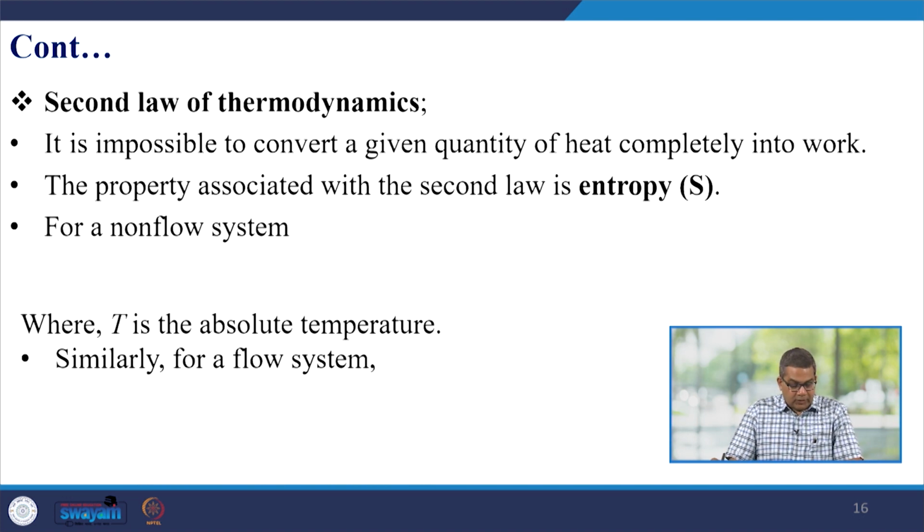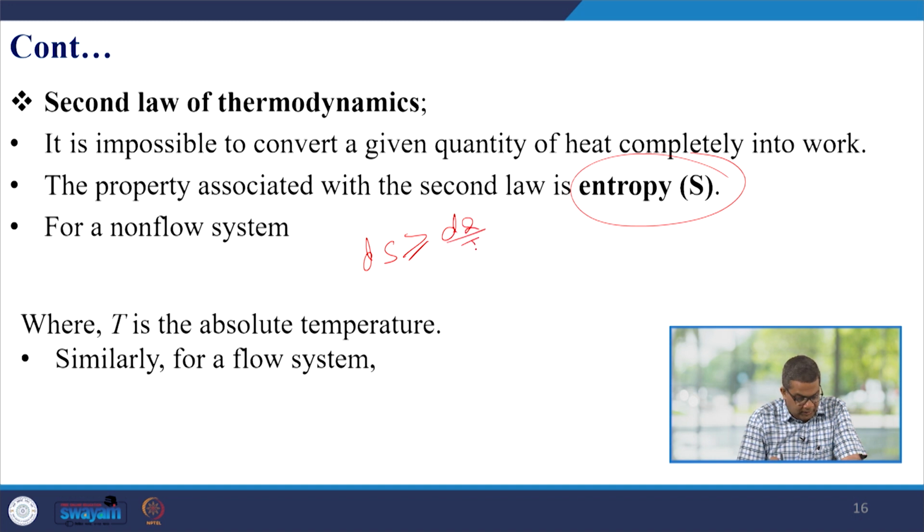Now, the second law of thermodynamics: it is impossible to convert a given quantity of heat completely into work. The property associated with the second law is mainly the entropy, which is usually represented as S. For a non-flow system, it can be dS greater than or equal to dQ over T, where T is the absolute temperature.